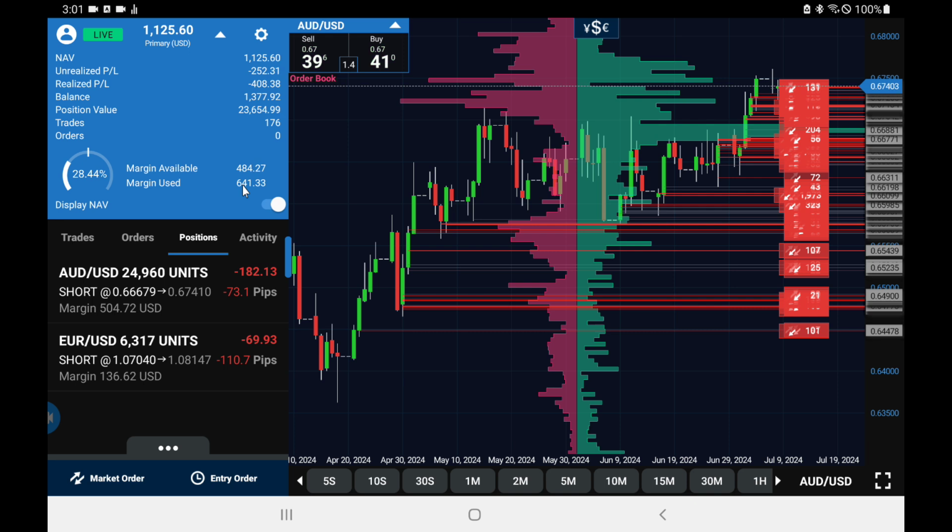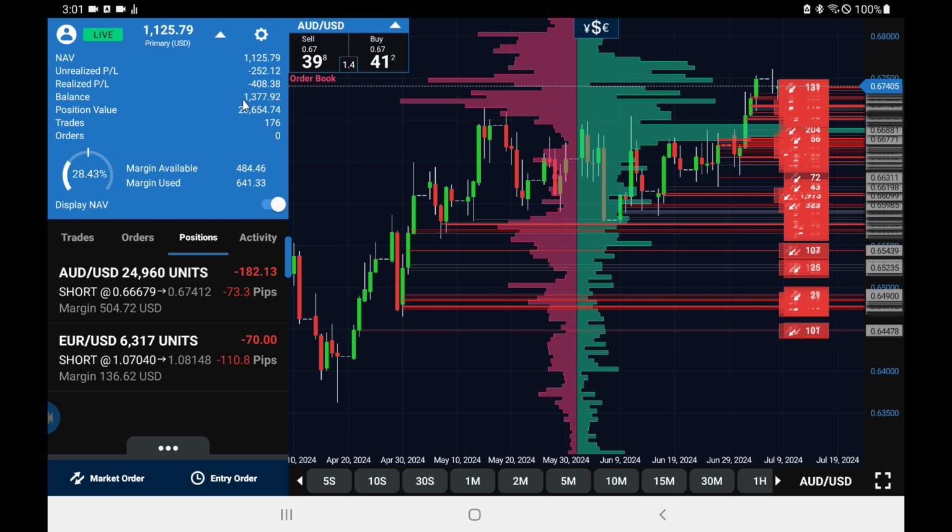This is important to understand when you're dealing with leverage or margin. Drawdown doesn't help you. This is what I am going to lose if my account gets hit with a margin call. So it's absolutely critical to pay attention to this number. My account will lose $641 if I get hit with the margin call.